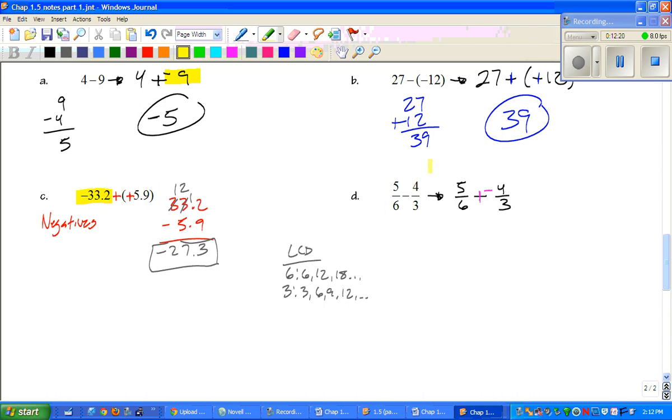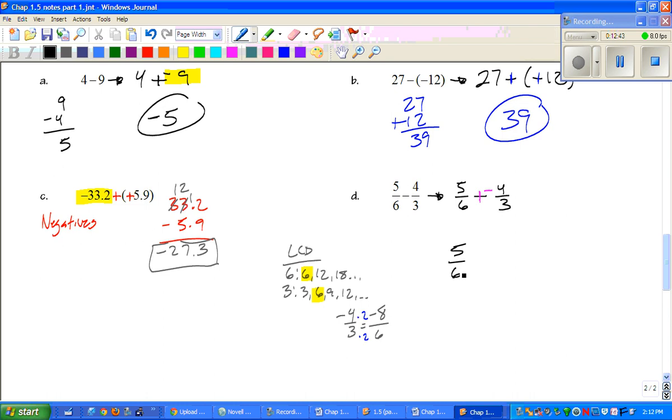I want to know what the lowest one is, and the lowest one is actually 6. So we only have to change negative 4 over 3. You multiply that by 2, and you get negative 8.